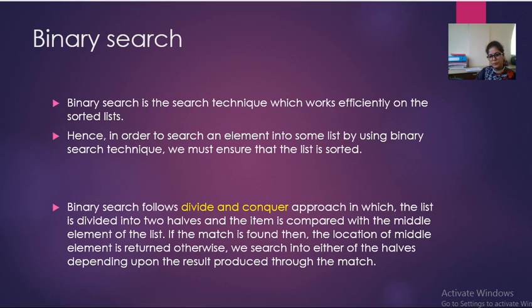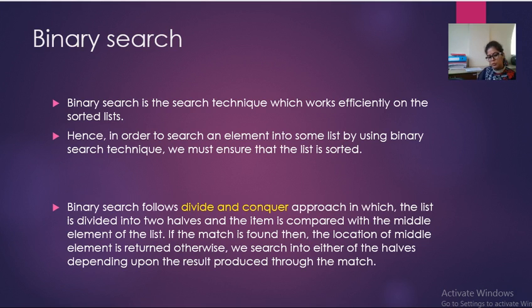For example, you have to search a word that starts with S, and you have opened the dictionary at the letter K. You are right now at the K alphabet, and you have to search your word which starts with S. So if you have opened your dictionary at K, you can simply discard the left portion of the list, because S cannot exist in the left portion.